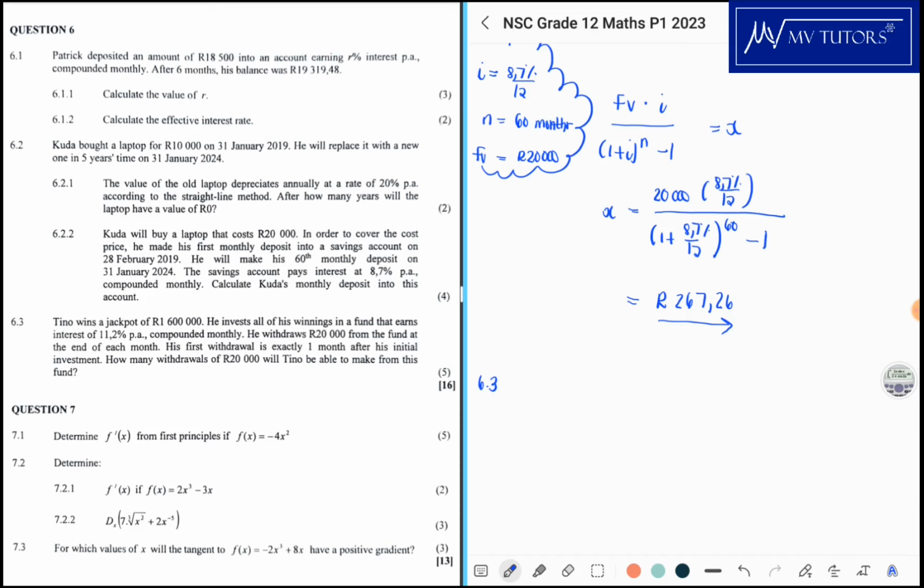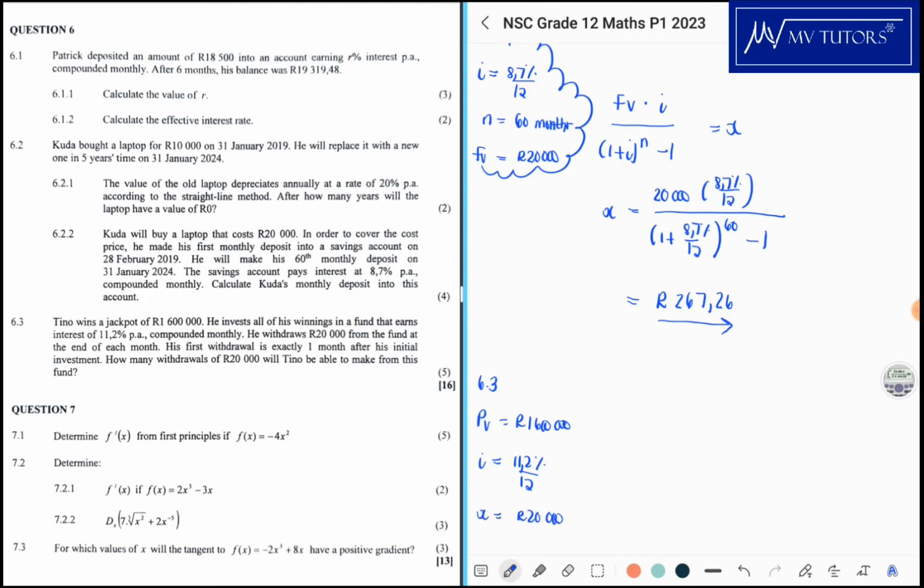All right, so let's just summarize. The present value that we have is 1,600,000. The interest that has been spoken of is 11.2% per annum compounded monthly. The X value will be 20,000.